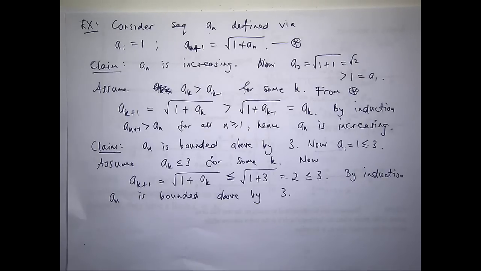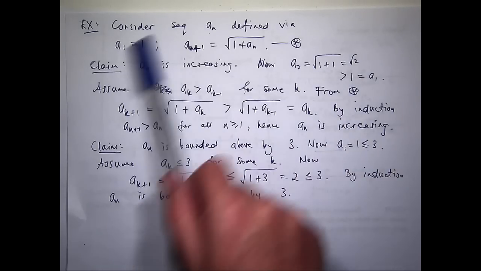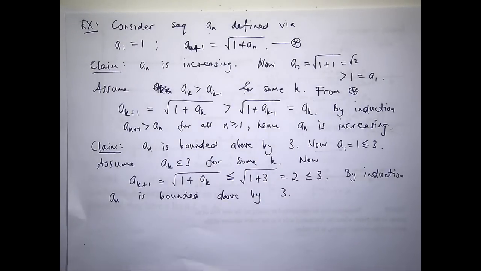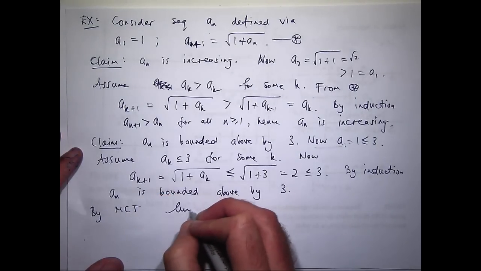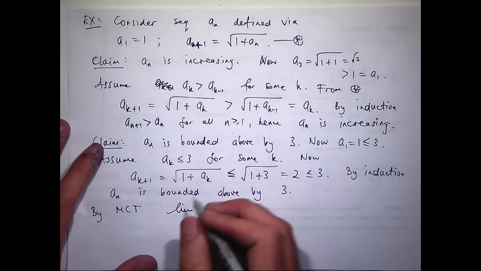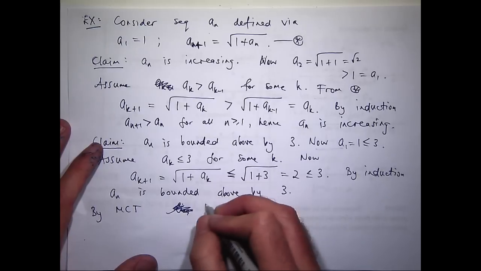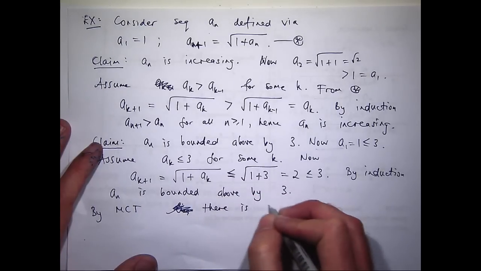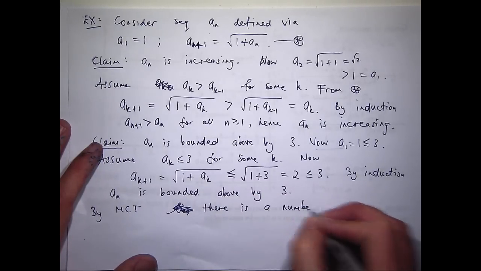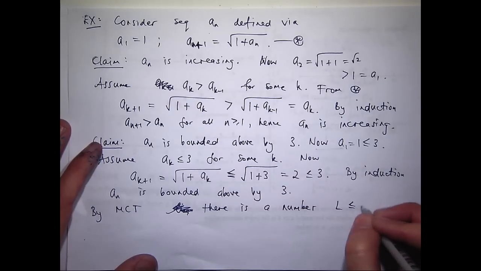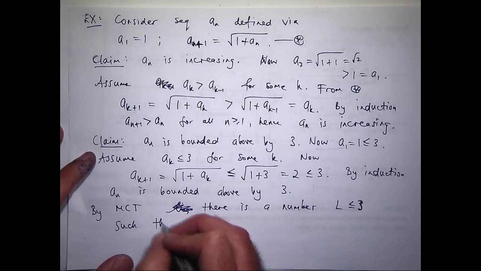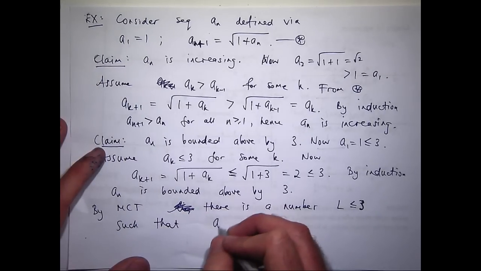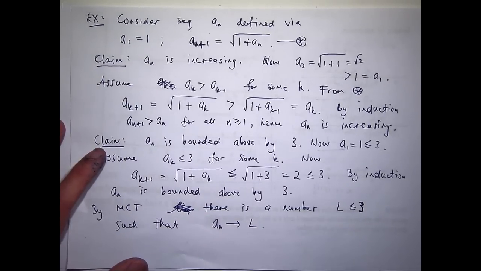It means that the sequence defined through star must have a limit. So by the monotone convergence theorem, there is a number, say L, which is less than or equal to 3, such that A sub n converges to L.